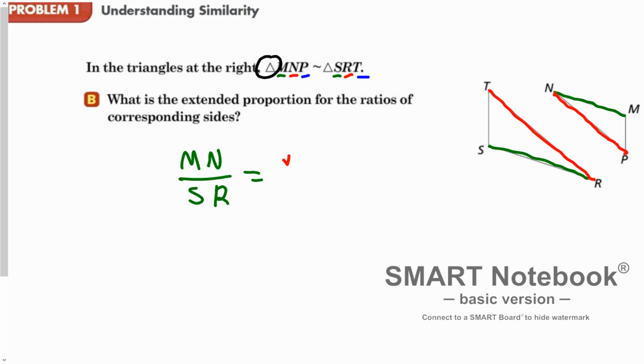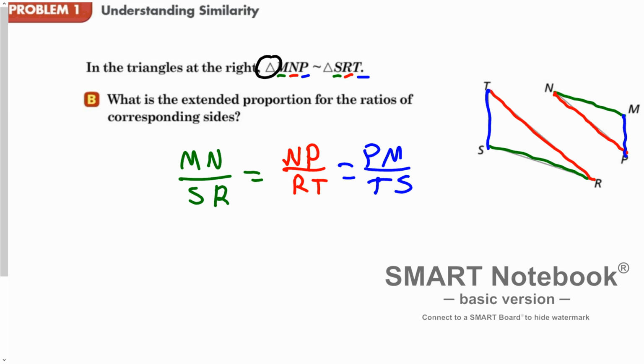Okay, so NP has to correspond to RT. N goes with R, P goes with T. Okay, and then the last one, you can see here is MP or PM. So if I do PM, then I have to go with the corresponding P, which is T, so TS. And that's how we write our extended proportion.